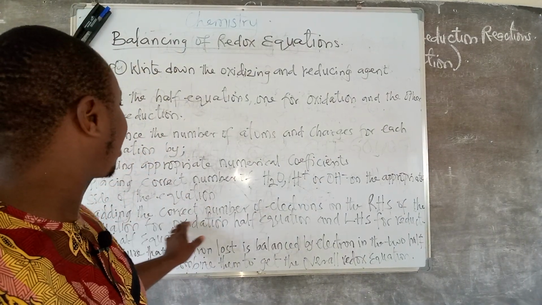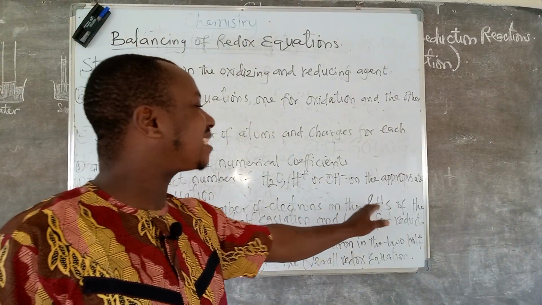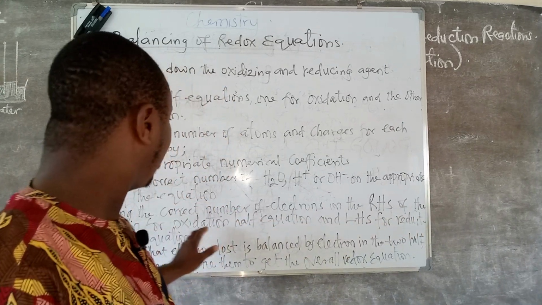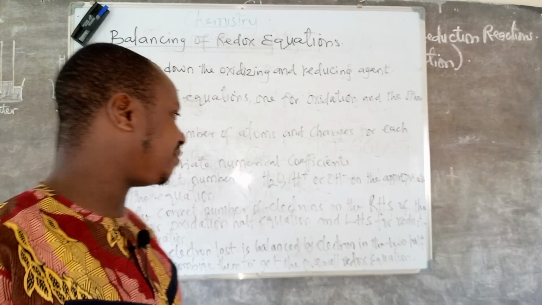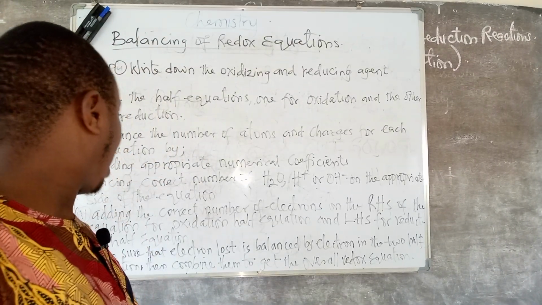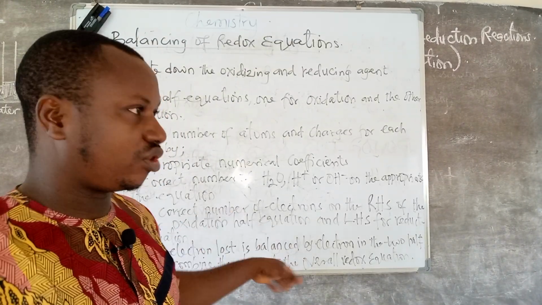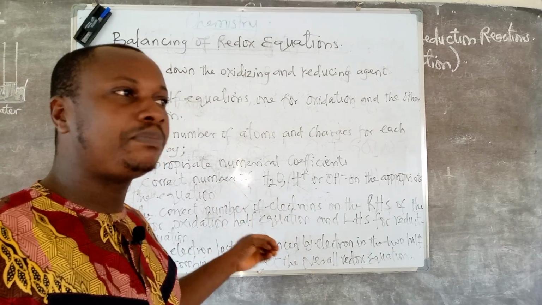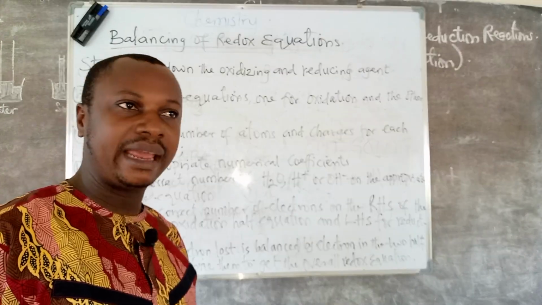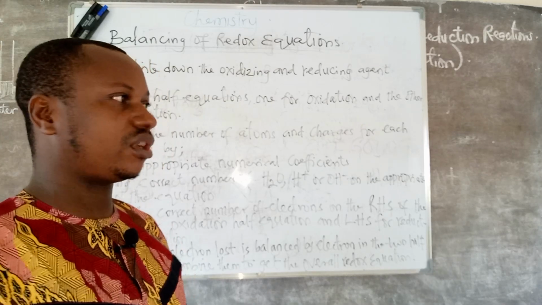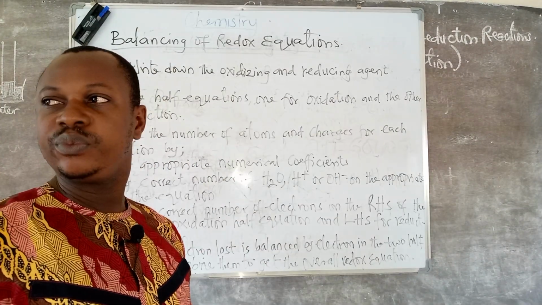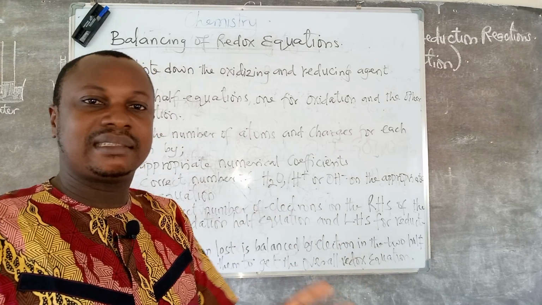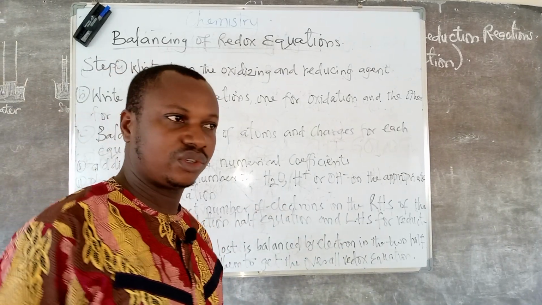Now, add the correct number of electrons on the right hand side of the equation for oxidation and the left hand side for reduction. And make sure that the electrons lost in the oxidation half equation are balanced by the electrons gained in the reduction half equation. Then you combine the two half equations. That will give you a balanced redox equation.